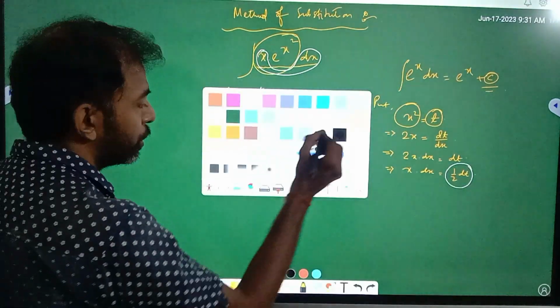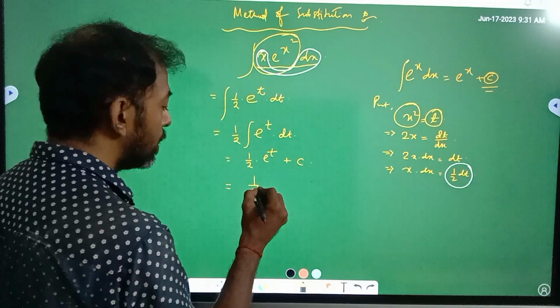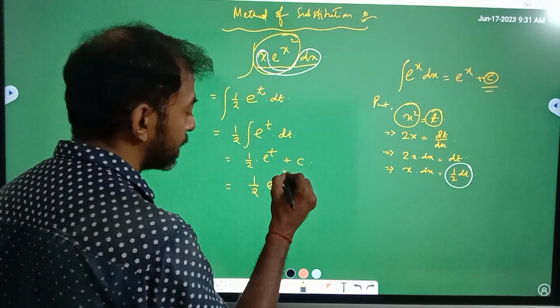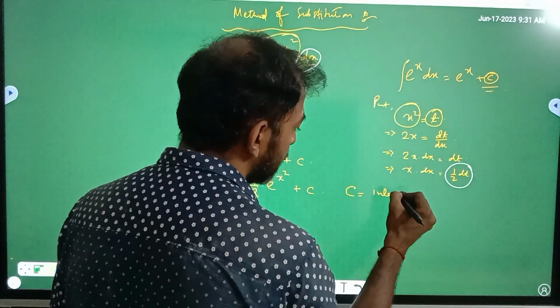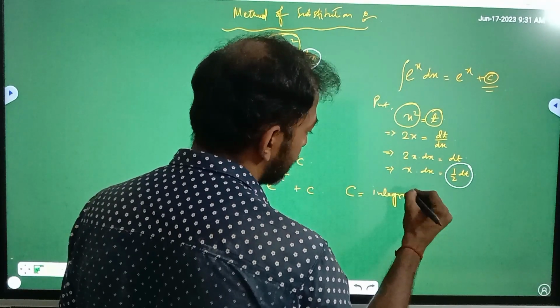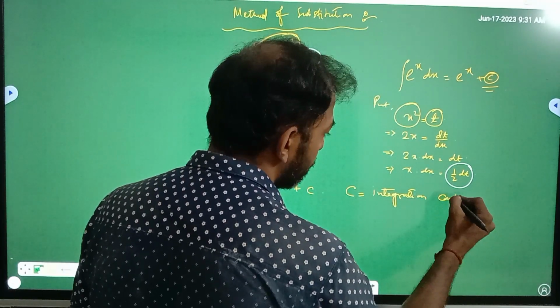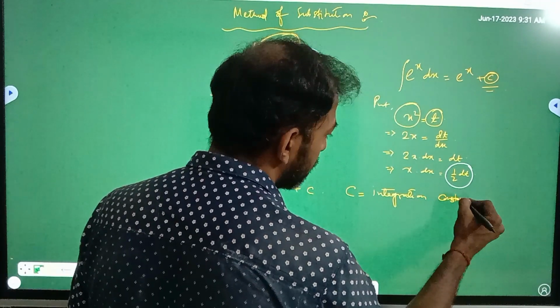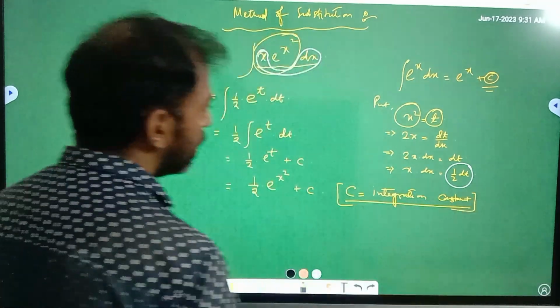Now we need to put t equals x squared once again. So that will be half into e to the power x squared plus c, where c is the integration constant. That is the method of substitution.